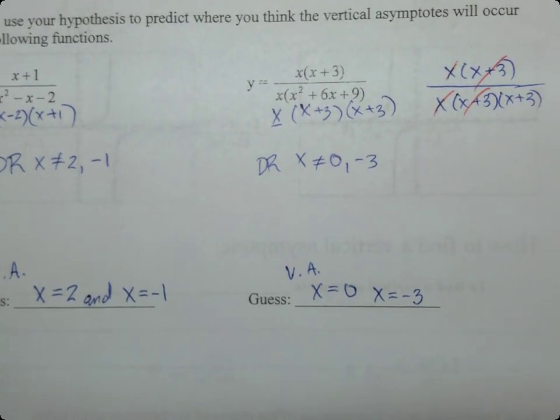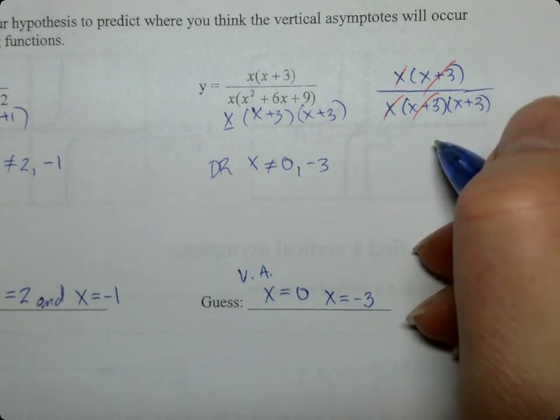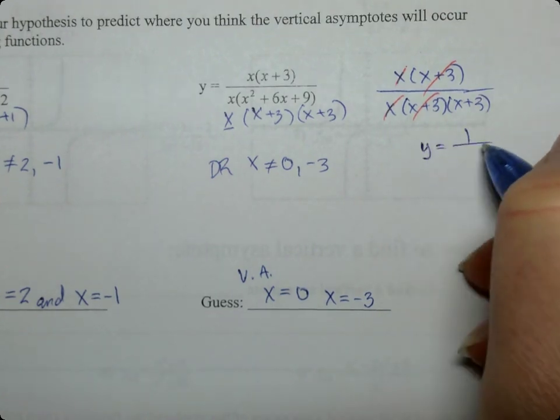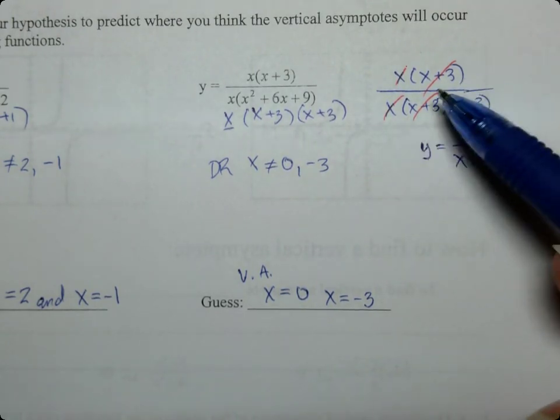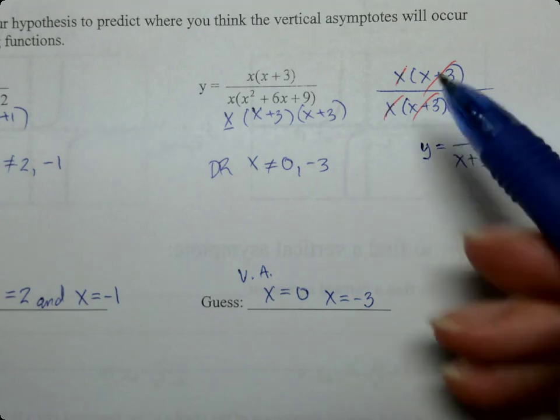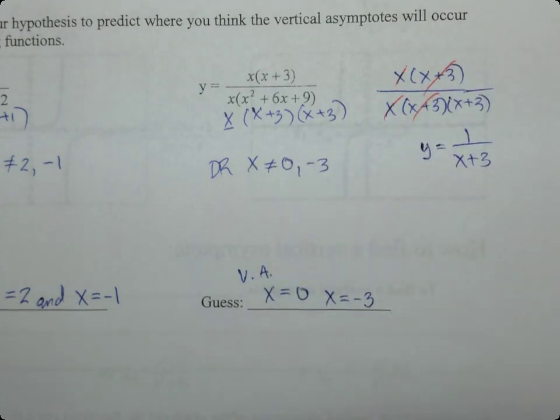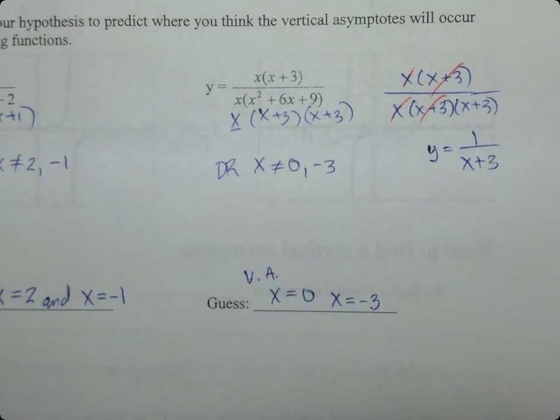And don't you dare tell me x plus 3. What's left? 1 over. So y equals 1 over x plus 3. Okay, so I want you to remember that, yeah, some things cancel, but we're assuming if it's a domain restriction, it's a vertical asymptote. Okay, flip it over.